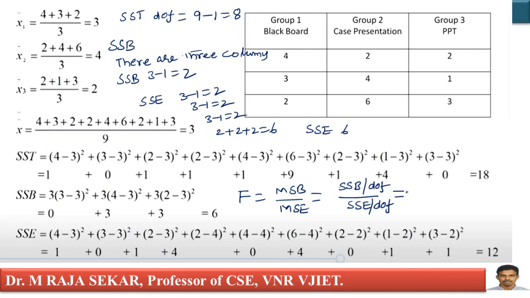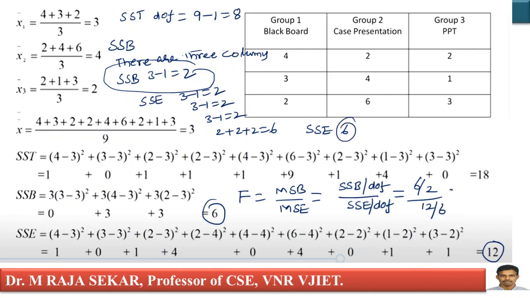What is my SSB value? We already calculated it. SSB is 6. What are the degrees of freedom for SSB? 2. So 6 by 2. What is my SSE value? It's 12. What are the corresponding degrees of freedom for SSE? 6.